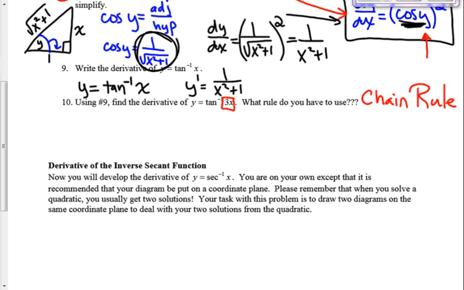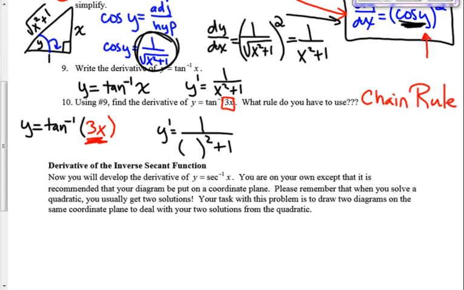So let's rewrite what I have. I have y is equal to the tangent inverse of 3x. And I need to remember that I have a 3x, not an x. So my derivative is going to be 1 over, no longer am I going to have x squared, I'm going to have 3x, and it's going to be squared.